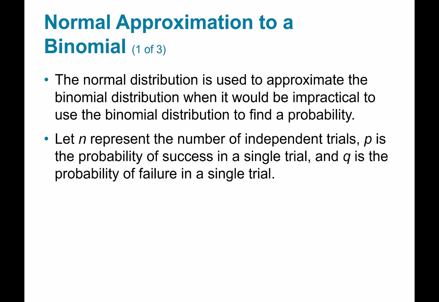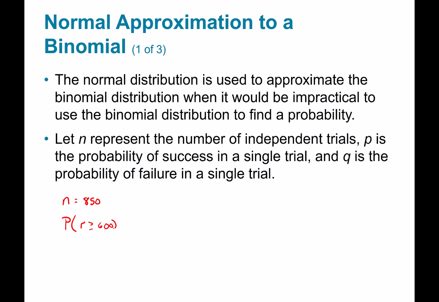Let's say, for example, we had a binomial experiment where n was 850 and you wanted to find the probability that, and in this case I'm going to use R for binomial, the probability that R is greater than or equal to 600, whatever this is defined as success for.